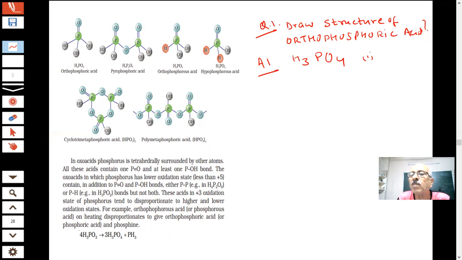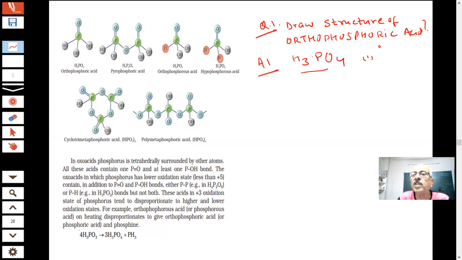What is the oxidation number of phosphorus? If I have to draw the structure of this, what will I do? Can you remember it, cram it? No, sir. Then what method can I use?